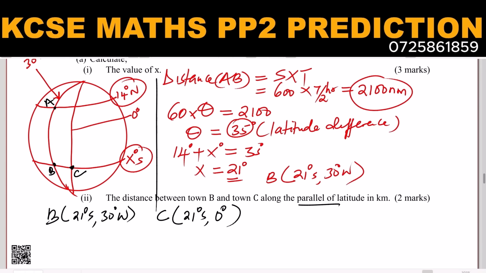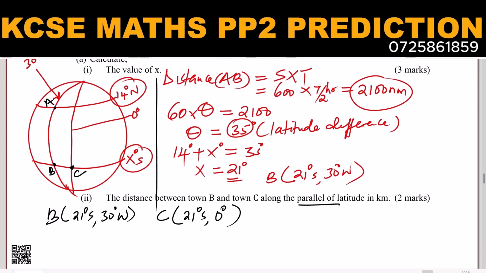So this one will give 30/360 times 2 times 22/7 times cosine of 21, and then times the radius of the earth. This will give 3115.04669 kilometers. So that is how you're supposed to do it.